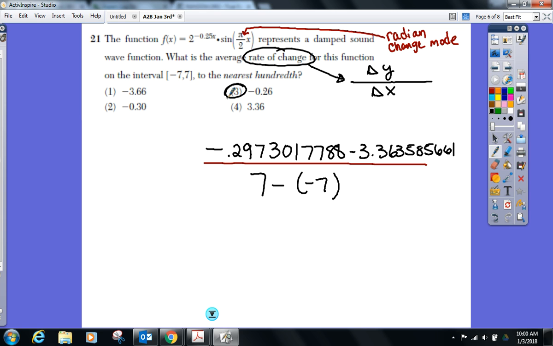Where can I help people out here before we get to the last one? Yep, Sarah? You got these values here? Over 7 minus a negative 7? That'd be 14, right?